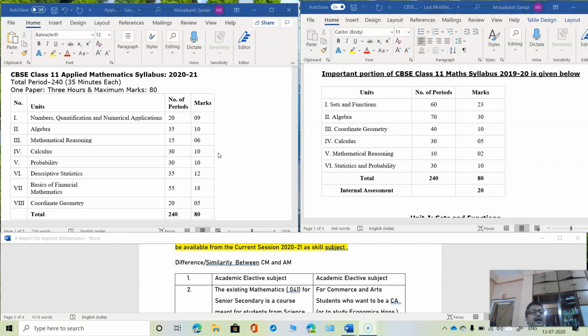This time both people have tried their level best to remove these discrepancies. In the syllabus you will see they have eliminated trigonometry completely. Okay, I'm coming back to that point. Let us see the weightage of marks. See, calculus 30 periods and marks only given 10, and coordinate geometry 5, 15 and algebra 10, 25.